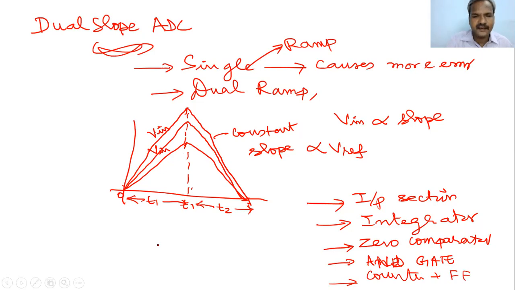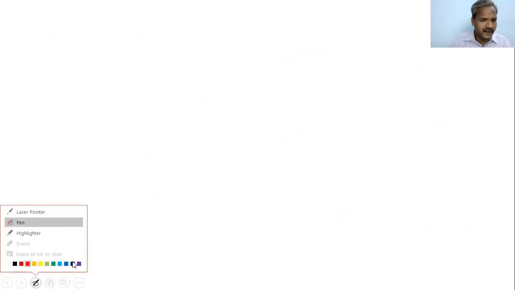Let's see the detailed diagram of the dual slope ADC. Very simple technique. Let's start with the input section.